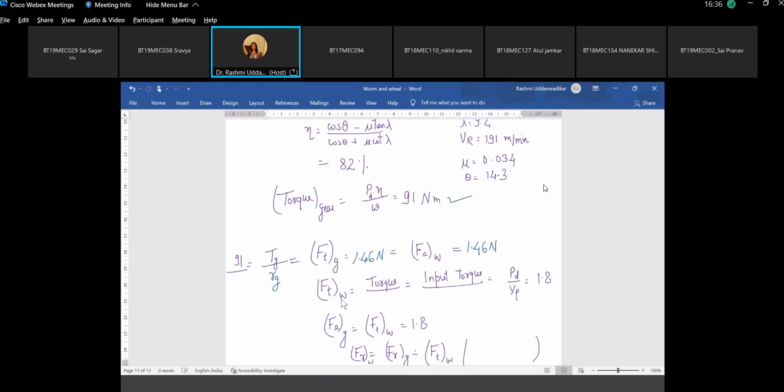Then the tangential force for worm depends upon the input torque, and the input torque upon the radius of the worm, or the design power upon Vp, and this value was how much? This came out to be 299.3 Newton.